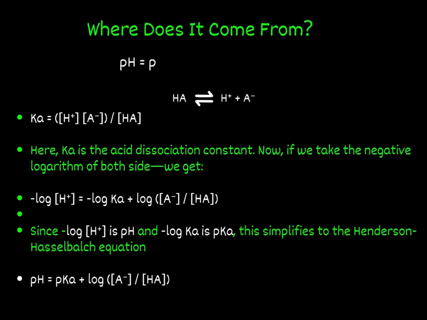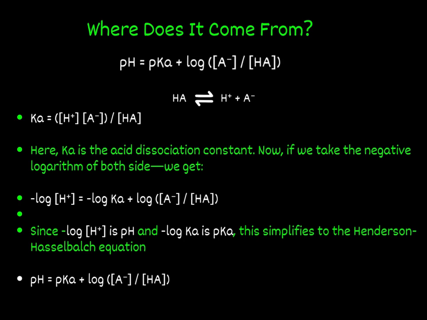To understand where this equation comes from, we start with the dissociation of a weak acid, HA, in water. It partially breaks apart into H+ and A-, its conjugate base. This process is described by the equilibrium expression, Ka equals [H+][A-]/[HA]. Here, Ka is the acid dissociation constant.